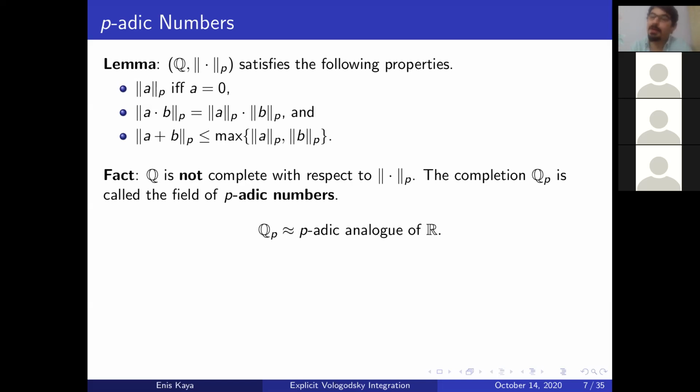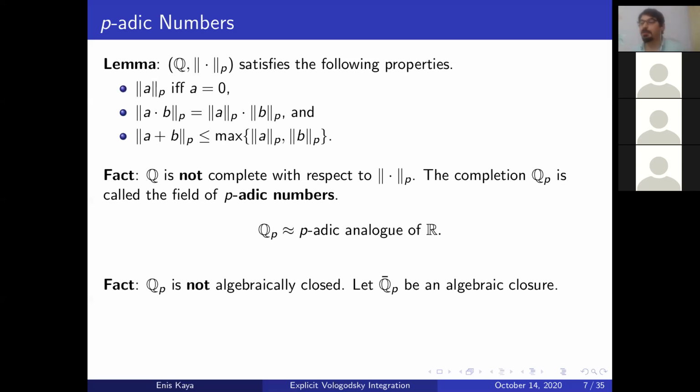So from R to C, how do we do this? I mean, R is not algebraically closed. We consider the algebraic closure C, and this algebraic closure is also complete. So we can play the same game for this field. It turns out that Q_p is not algebraically closed. Okay, we can consider an algebraic closure. And it turns out that this algebraic closure is not complete.